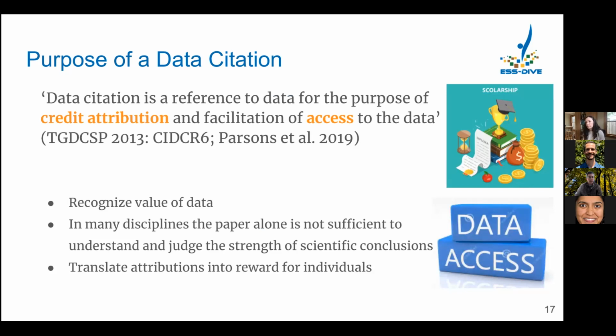In many cases, and in many disciplines, the paper alone isn't sufficient anymore to really understand and judge the strength of some of our scientific conclusions, particularly in data-intensive fields. And so we want to normalize data citation more to emphasize this. And then we can start to translate attributions into reward for individuals.